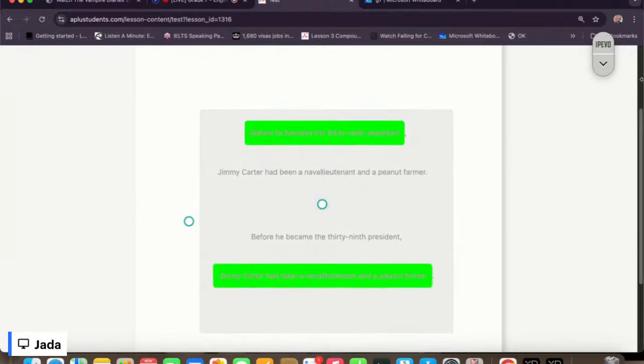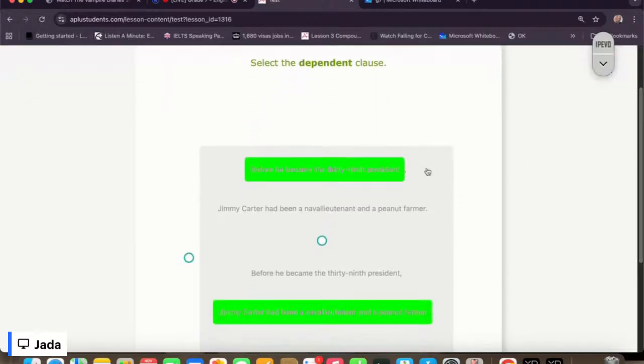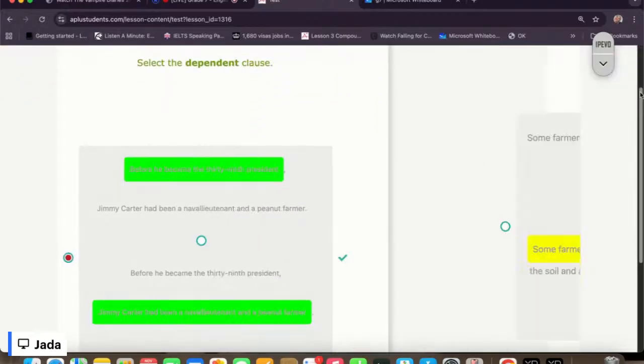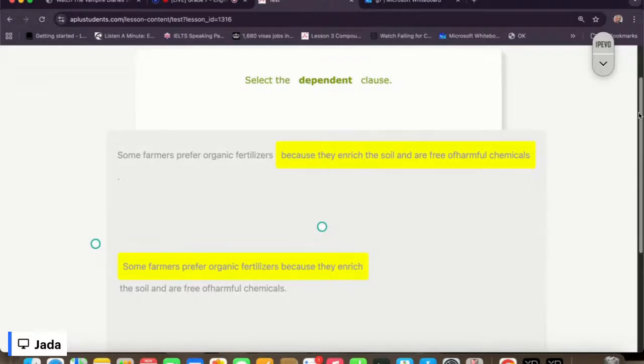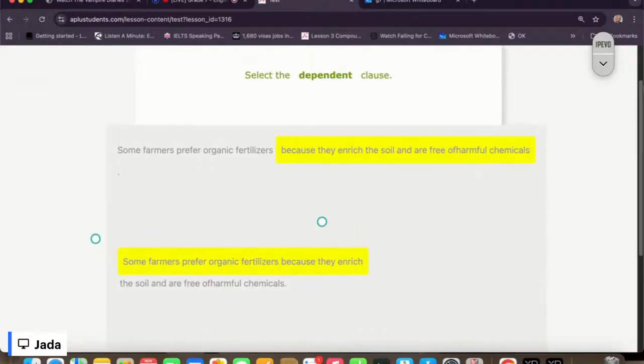So the dependent clause, we have the first one because it starts with the subordinating conjunction. So dependent: some farmers prefer organic fertilizer because they enrich the soil and are free of harmful chemicals. First or second?